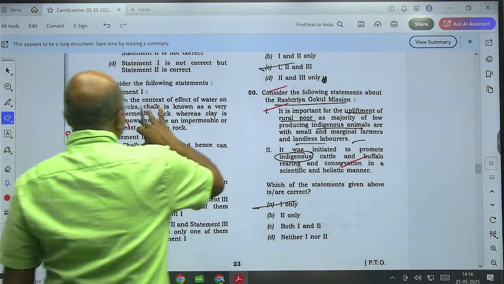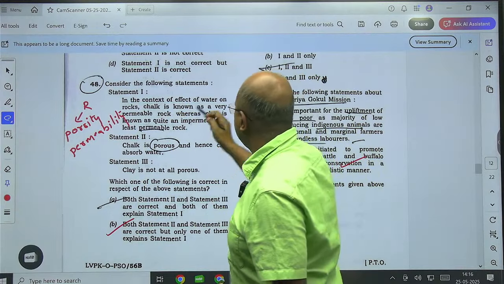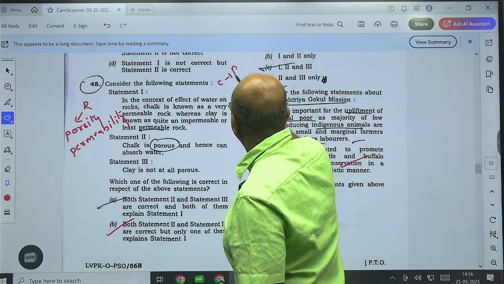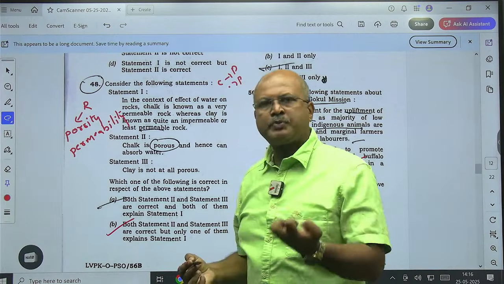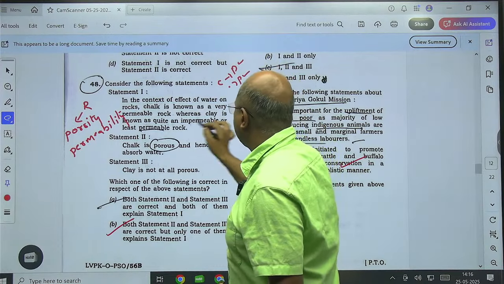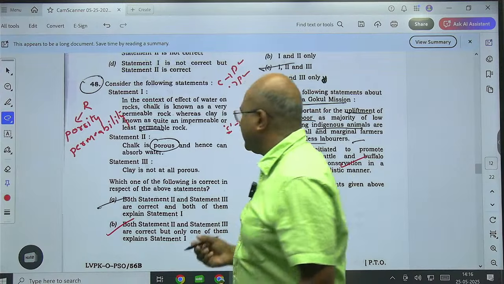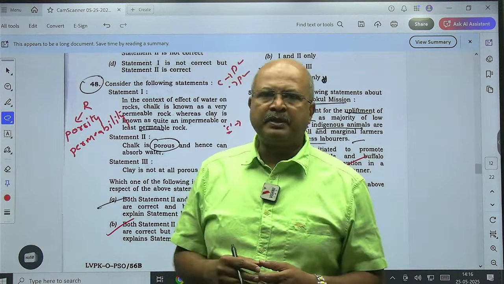Chalk is known as highly permeable. Remember, chalk is porous as well as permeable. The chalk absorbs more water also. While clay is known as quite impermeable.